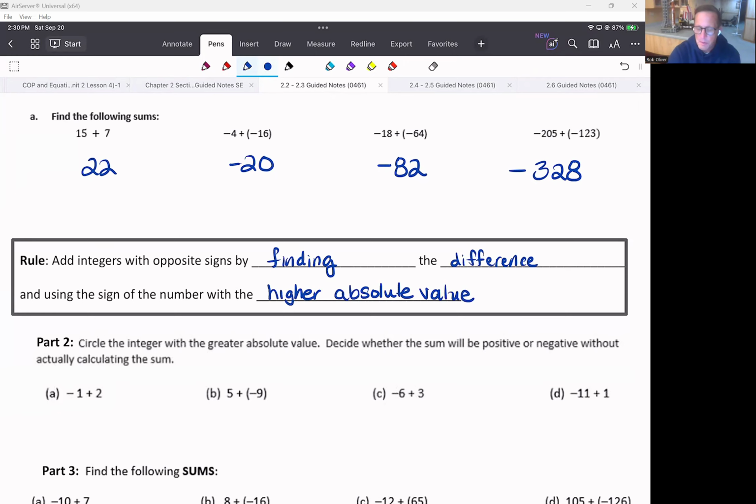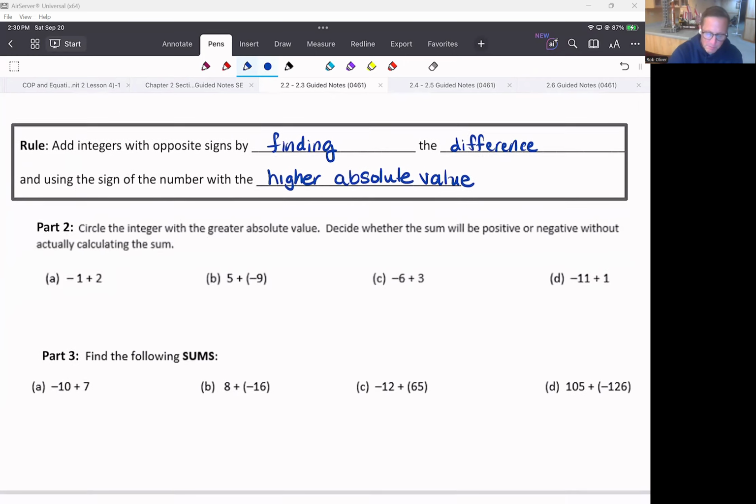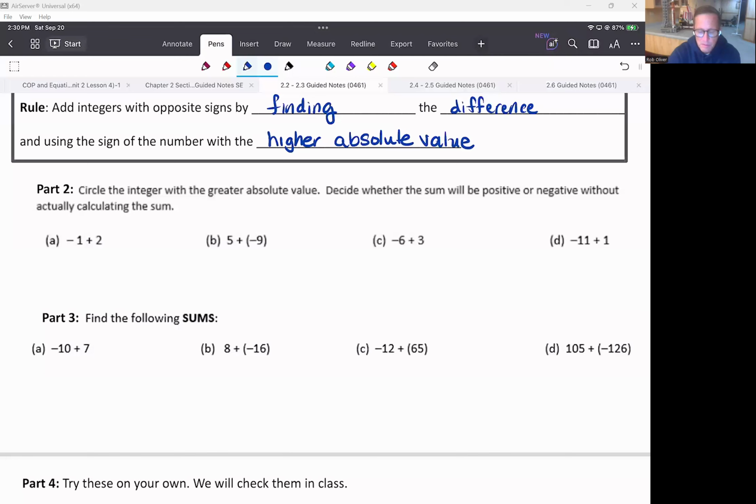So if the number with the highest absolute value is negative, then it's going to be negative. If the number with the higher absolute value is positive, it's going to be positive. You just have to look at the numbers you're putting together.